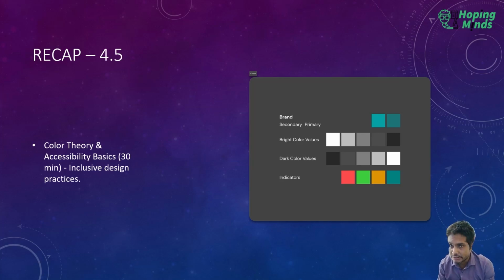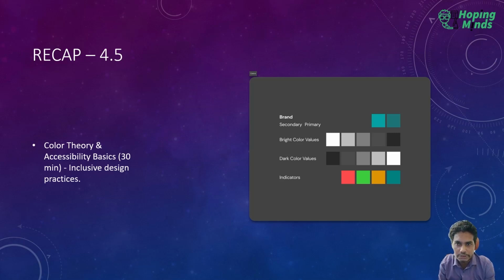Okay, so let's see. Bright color is white to black, not completely black as in 000, but less dark than usual. And then you have dark, which is dark to white.